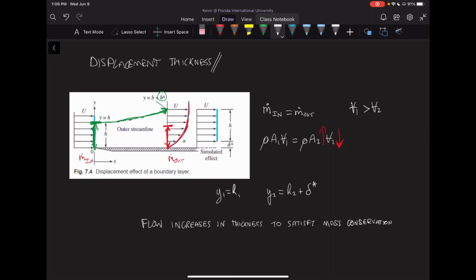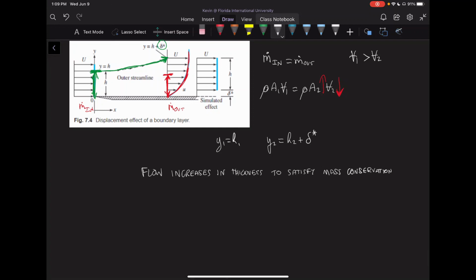And what the scientists said was that this d star, or this change in height, this boundary layer thickness, could be equal to the integral from 0 to delta of 1 minus u over U dy.